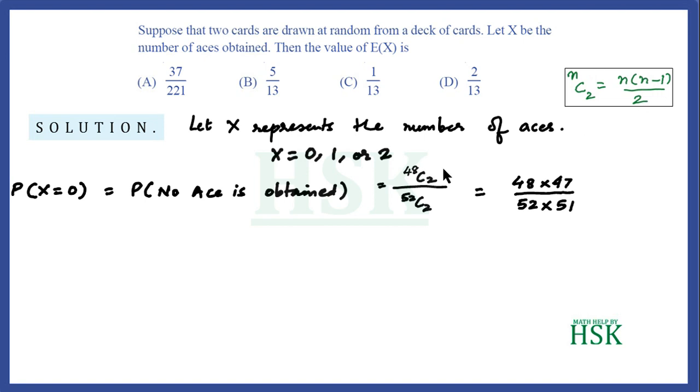So 48C2 is 48 into 47 upon 2, and 52C2 is 52 into 51 upon 2. The 2s in the denominators cancel out, and this can be written as 1128 upon 1326. This is because I have cancelled 48 and 52 with 2, so this is 24 into 47, which equals 1128, and 26 into 51, which equals 1326.